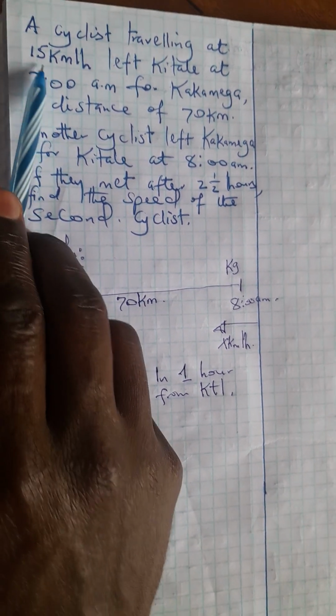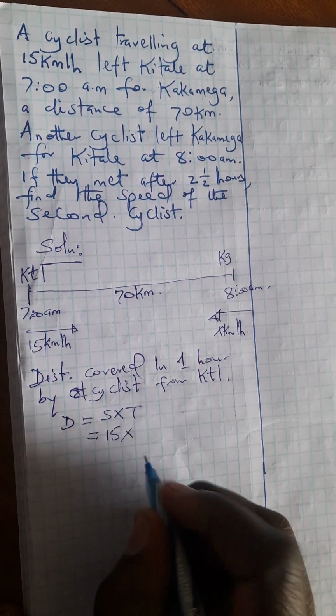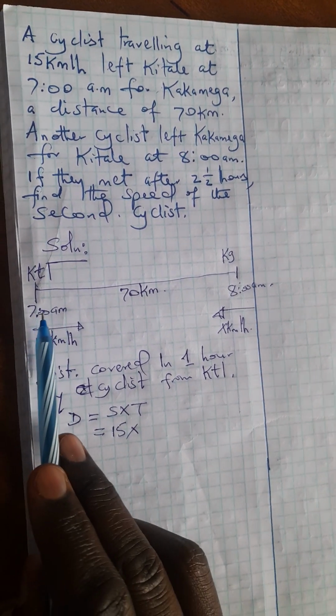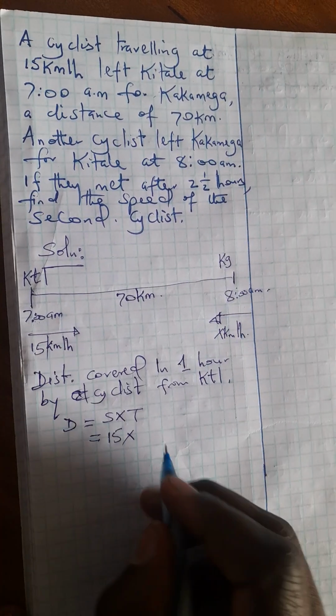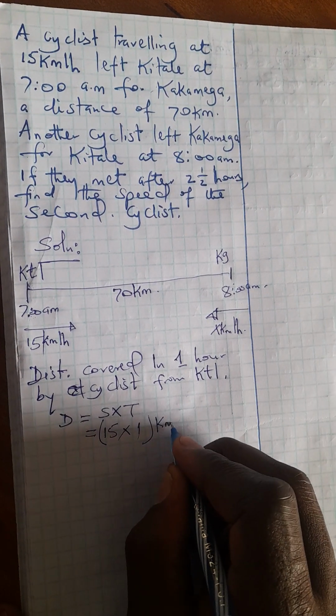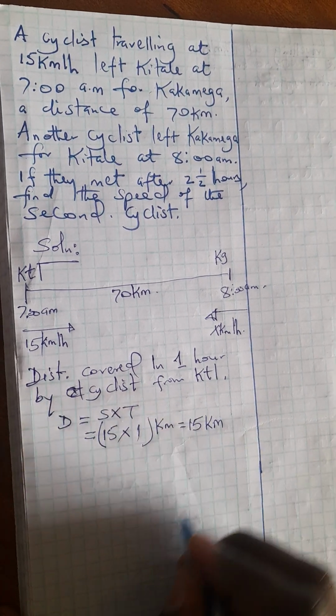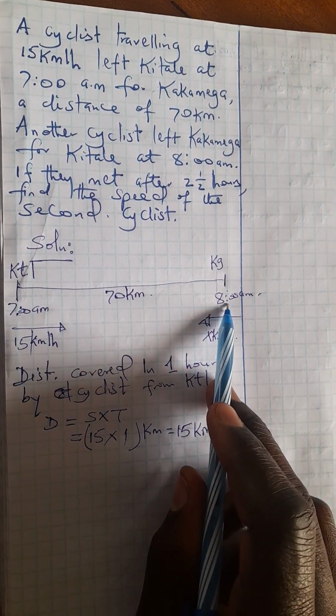The speed of the cyclist from Kitale is 15 kilometers per hour, and the time, the difference between 7 a.m. and 8 a.m., is 1 hour. So he will have covered 15 kilometers before this one starts the journey.